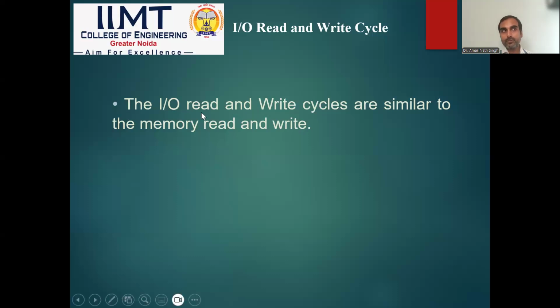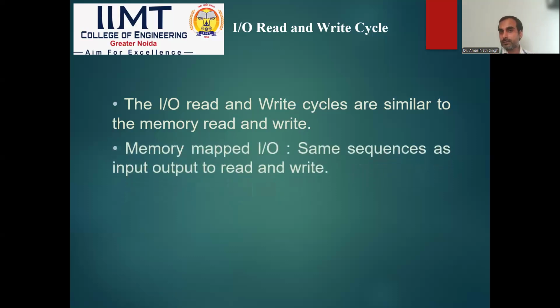Now, when you analyze this IO read operation, and you perform write cycles, there are similarities with memory read and write operations that are also taken into consideration. During this process, there are certain aspects that you must have.